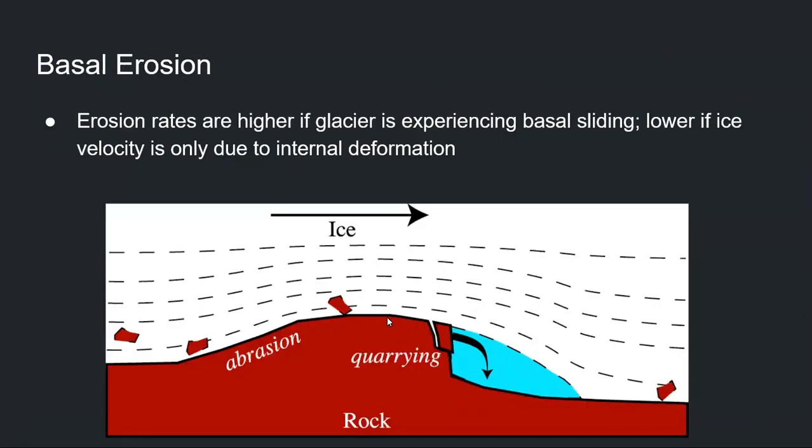It's kind of counterintuitive with this figure. This figure represents the early stage of an obstacle beneath the glacier, meaning that as you speed up in time, you go forward in time, this side where you have the abrasion is going to be steeper and steeper and steeper.